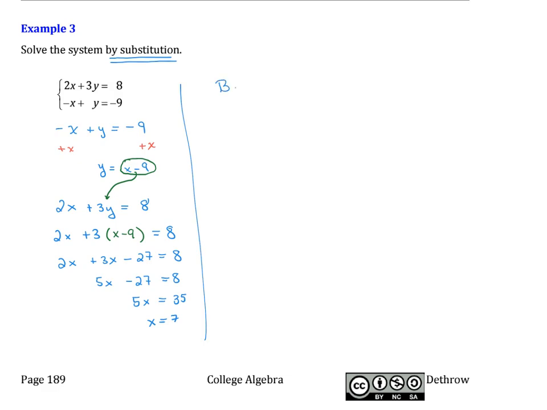Now let's back substitute. We know that y equals x minus 9, but we just found out what x is. x is 7. So y equals negative 2. So the solution is 7, negative 2.